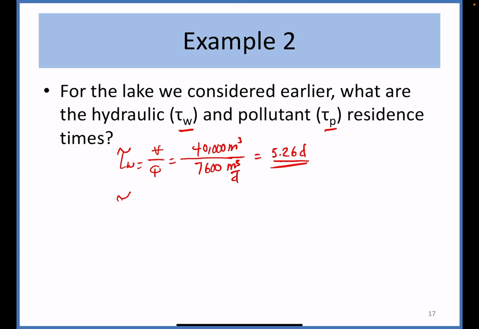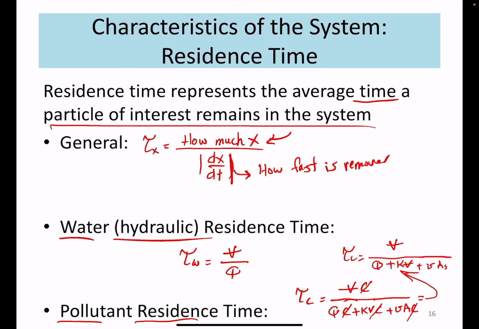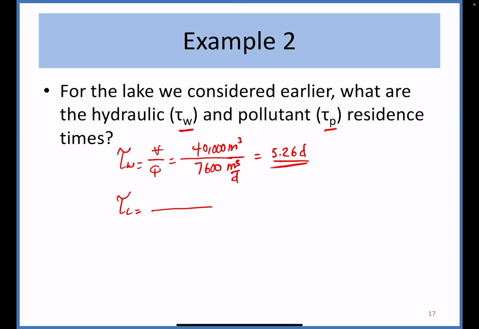How much will the pollutant stay in the CSTR? Let's put the equation. Now here there's no settling, so you have to divide volume by Q plus KV. That's it. So volume over Q plus K volume.